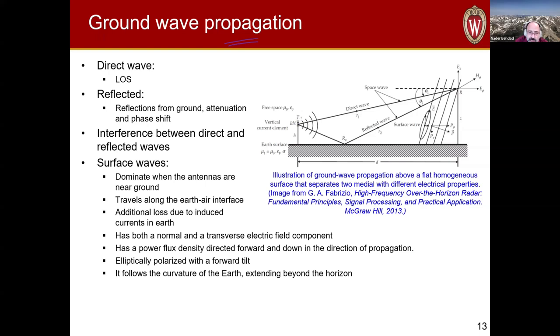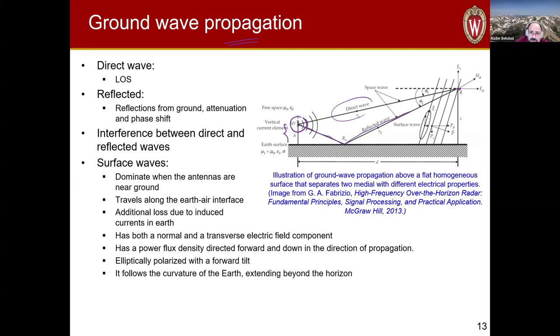For example, imagine that I have a small dipole antenna located at a distance h above Earth, and a receiver at that location. If these antennas are in line of sight of each other, there's a direct wave between the transmitter and the receiver. There is also a wave that's reflected from the Earth and then arrives at the receiver.